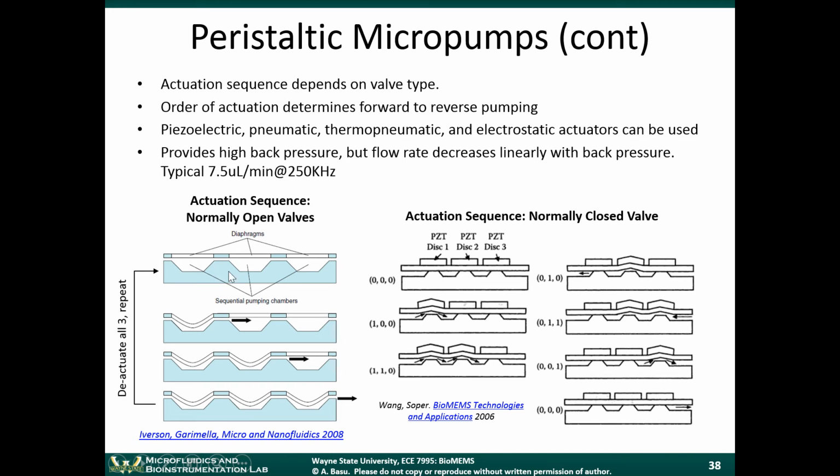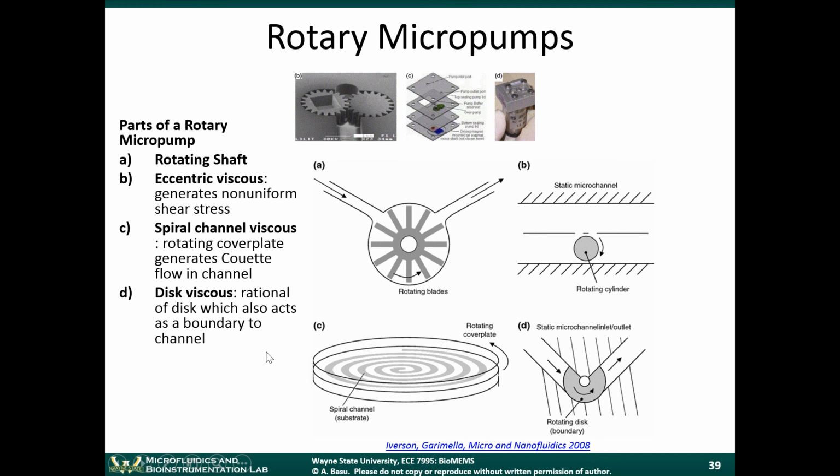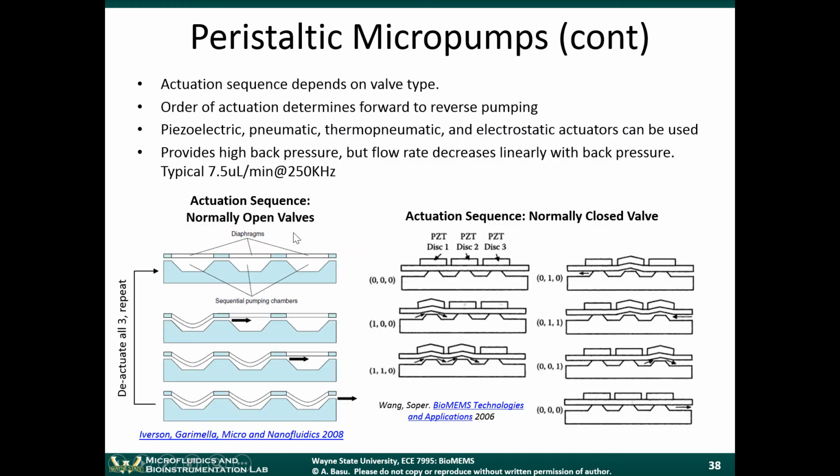These types of pumps, the peristaltic pumps, can actually offer a reasonably good back pressure, but the flow rate decreases linearly with back pressure. All right, typical flow rate would be 7.5 microliters per minute at 250 kilohertz. This is if you're using a piezoelectric type actuator. With pneumatics, there's no way you're going to get 250 kilohertz. It'll be more like, at most, maybe 100 to 200 hertz.